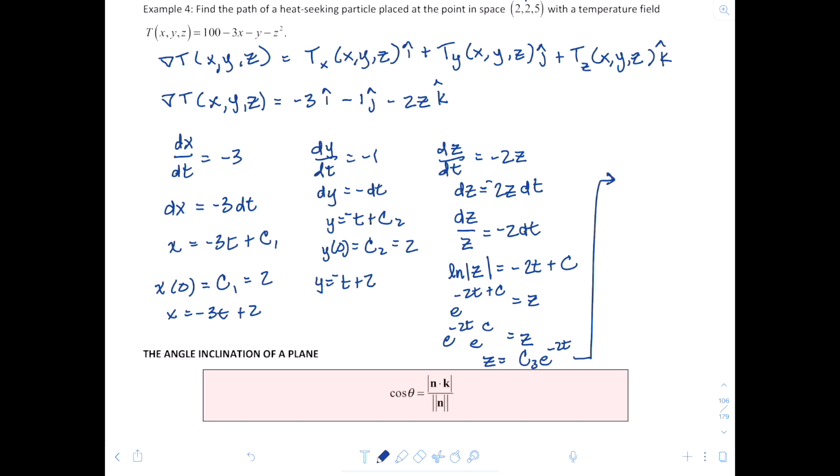z at 0 is going to be c3 e to the -2 times 0. So z at 0 is just c3, which is 5. So z is equal to 5 e to the -2t.